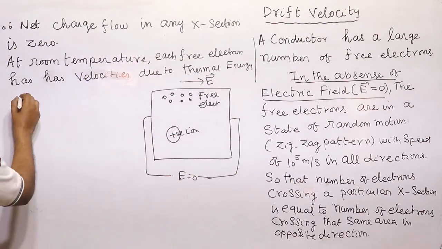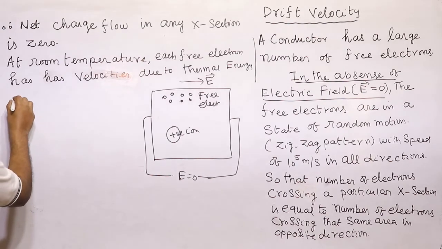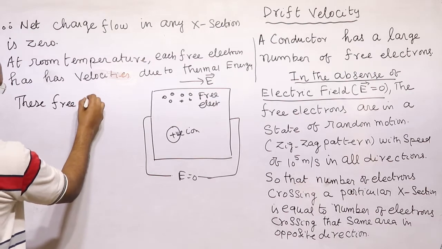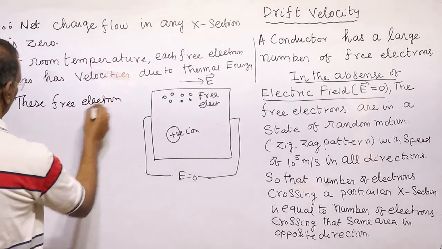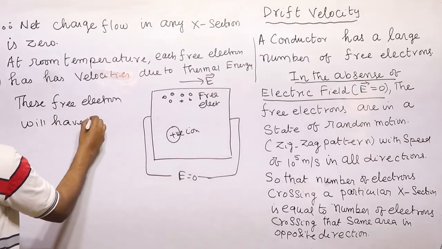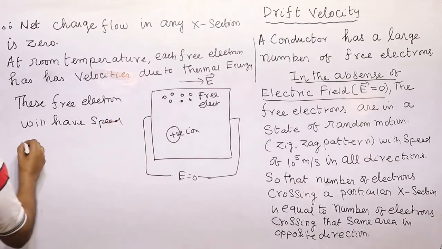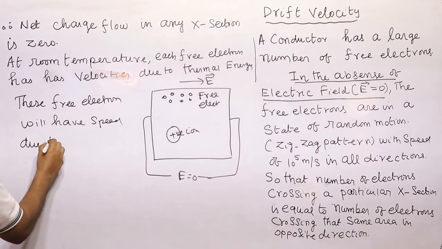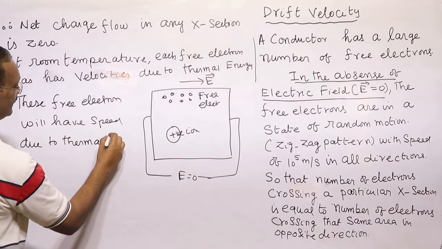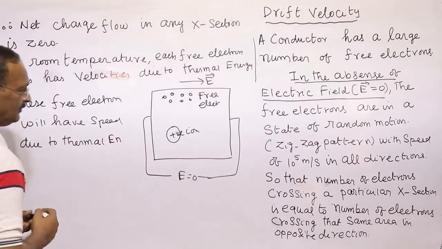These free electrons will have speed. What speed? Speed due to thermal energy. Where did it come from?